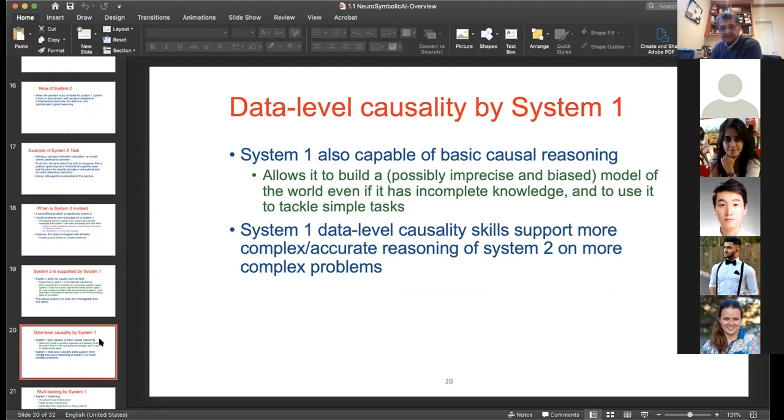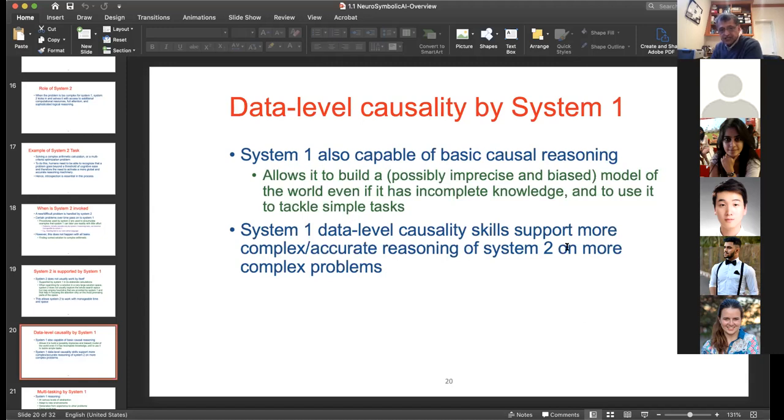Data level causality by system 1. System 1 is also capable of basic causal reasoning. You can say, well, this is because of that. Allows it to build a possibly imprecise and biased model of the world, even with incomplete knowledge, and to use it to tackle simple tasks.